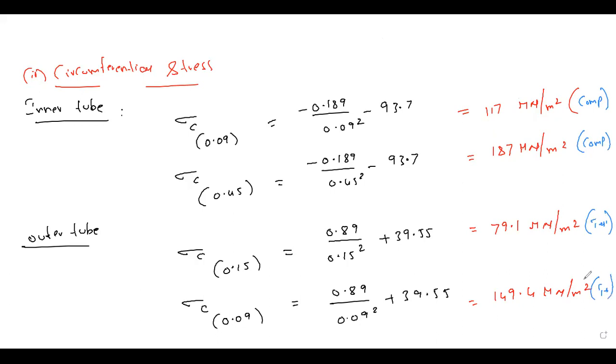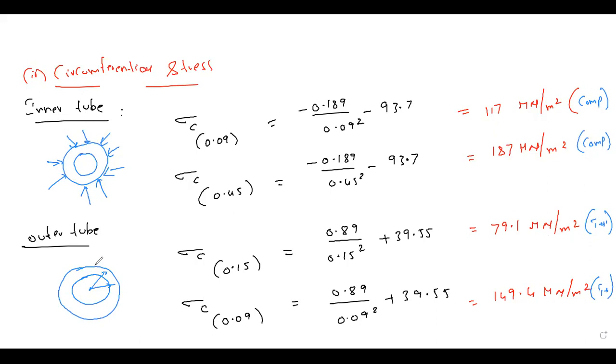This is tension. Understand? So finally it says that the inner tube will be under compression in both layers. Both are under compression. Why? Because the inner tube is like this, and the radial stresses in the outer tube, in the outer radius, will be under tension.